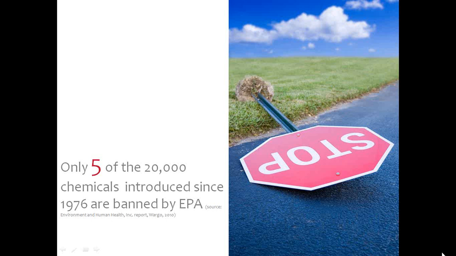As an example, only 5 of the 20,000 chemicals that have been introduced since 1976 have actually even been banned by the EPA. And believe it or not, there are actually 80,000 known chemicals today. And so if only 5 of them have been banned, we're falling woefully short of knowing enough health information about these chemicals to proceed with caution.